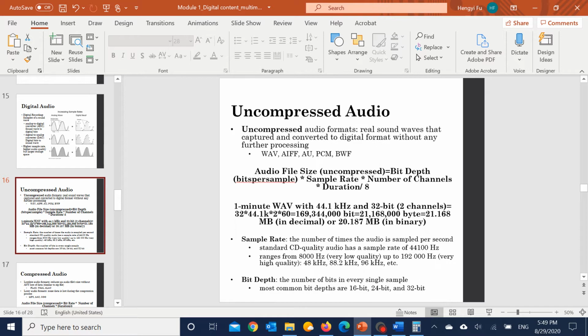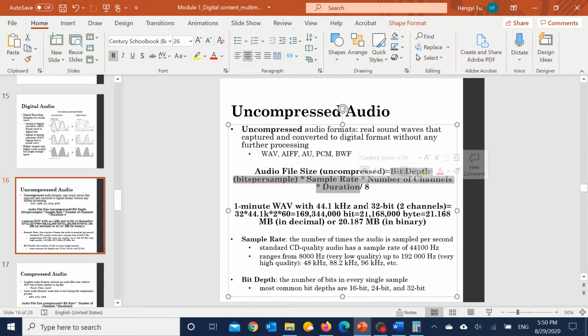So here, uncompressed audio file size should be calculated as bit depth multiplied by sample rate multiplied by number of channels multiplied by duration. This is in seconds. Then you will get how many bits that audio file has. If you divide this number by 8, then you will get how many bytes this audio file has.